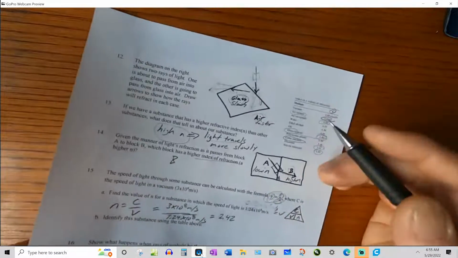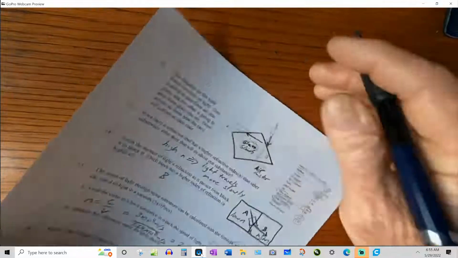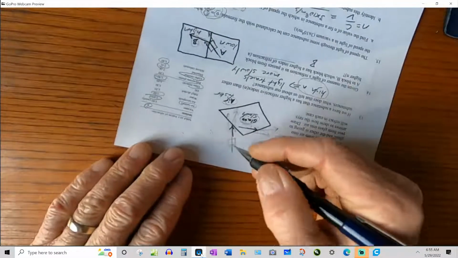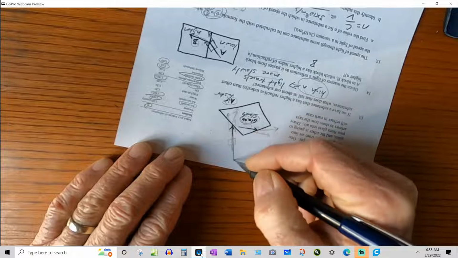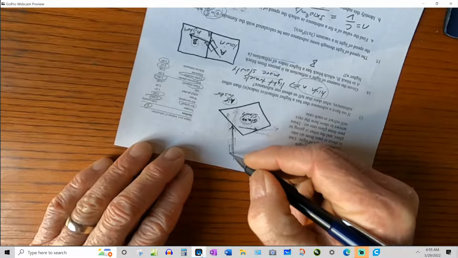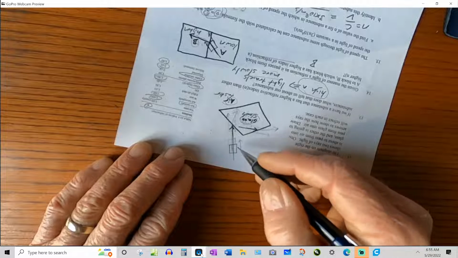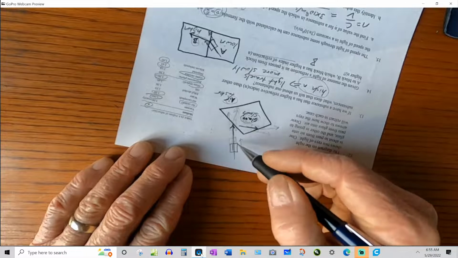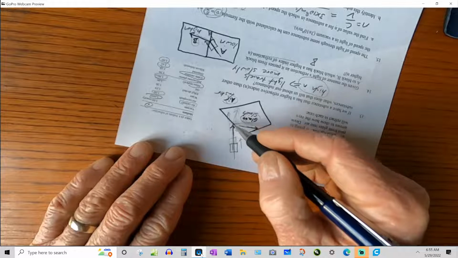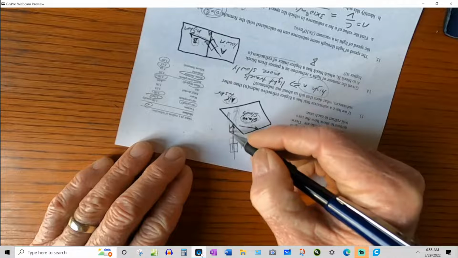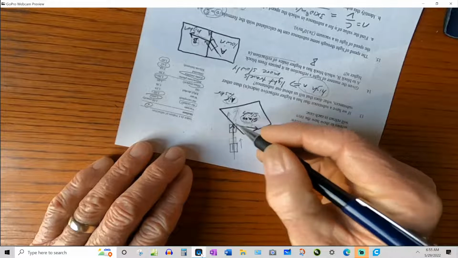So here's how I suggest doing this. Turn your paper so that you're looking along one of these arrows. So I'm looking along this arrow, and I'm going to extend the arrow, and I'm going to draw a little rectangle on it representing my car. And my car is going this way. As my car drives, because of the way this is sloped, this tire is going to enter the glass first. And when it does, at that moment, the car is going to look like this.